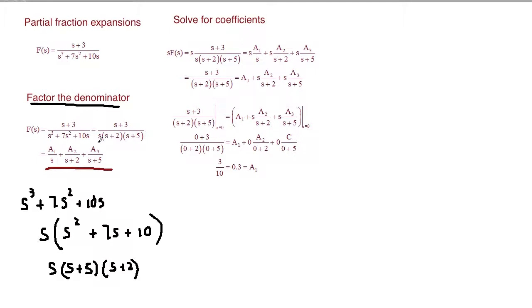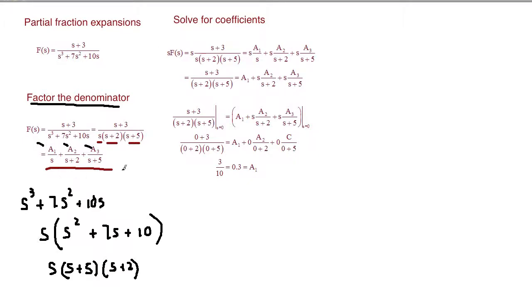Notice that the factors are s, s plus 2, and s plus 5. So we try to take this polynomial divided by a polynomial and write it in this form. The problem is to find these coefficients a1, a2, and a3.